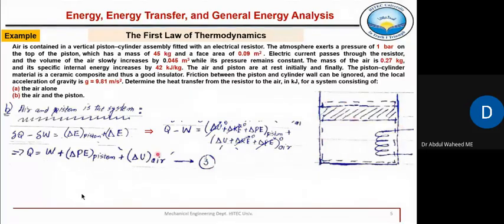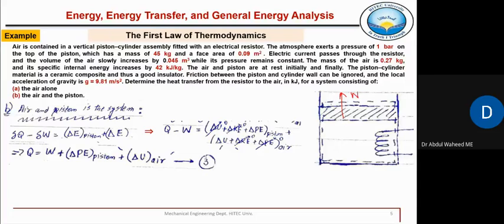Okay, so let's first find out this W. W will again be given by PdV, right? But now in this case, because this piston is inside the system, the work done will be shown here. Work done is this one, crossing the system boundary.